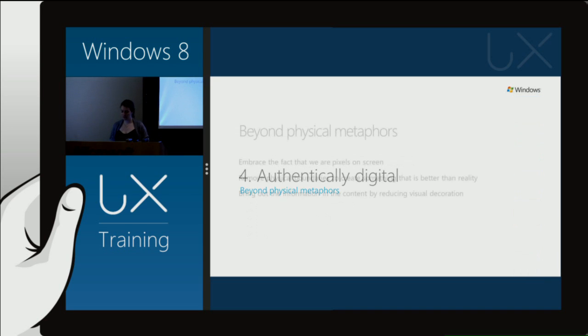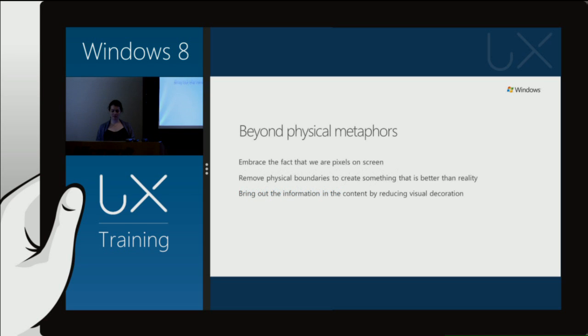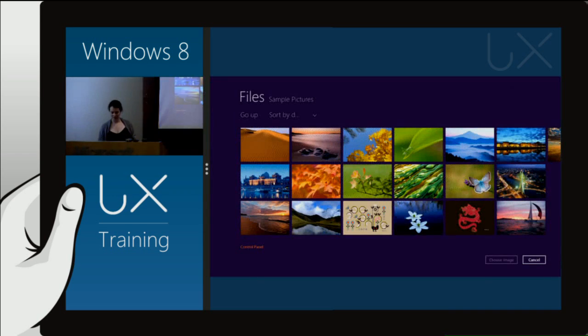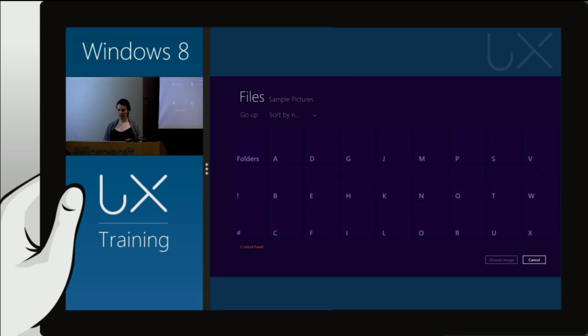The last principle is authentically digital. And the fourth principle is authentically digital, and this one speaks to embracing the fact that we are pixels on the screen, and we don't necessarily have to tie ourselves to real-world metaphors. And one of the more interesting examples that we have around this is the idea of semantic zoom, and the fact that we're really going beyond just zooming out content when you're pinching.